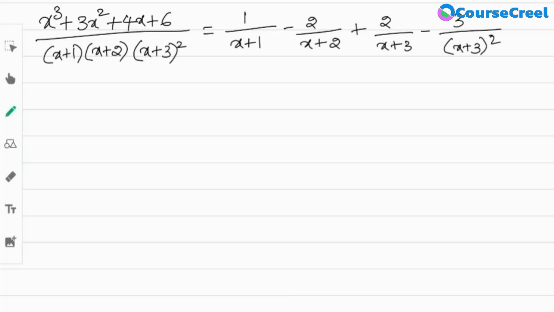So in this way we can obtain the partial fractions for the given proper fraction in which the denominator has repeated factors.